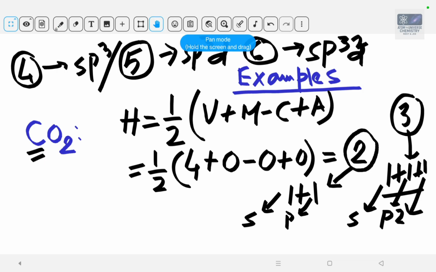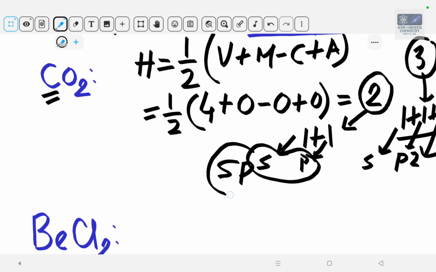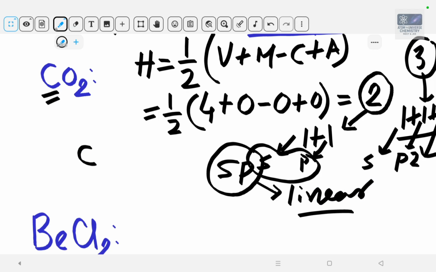Now we have to know that if the hybridization of any compound becomes sp, then its structure will be linear. So we know that carbon forms double bonds, so that is a linear structure.